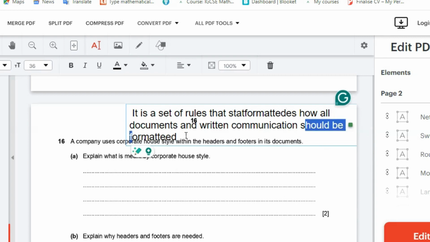That's what we mean by corporate house style. Do we understand it?